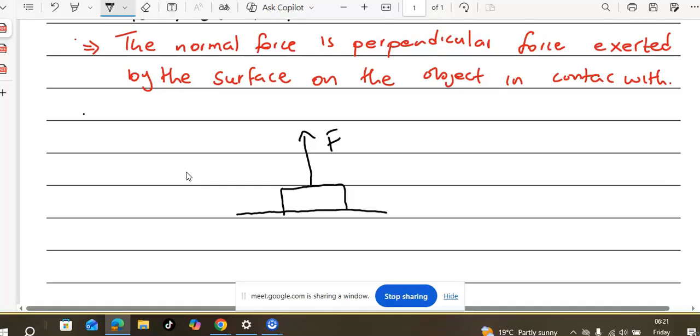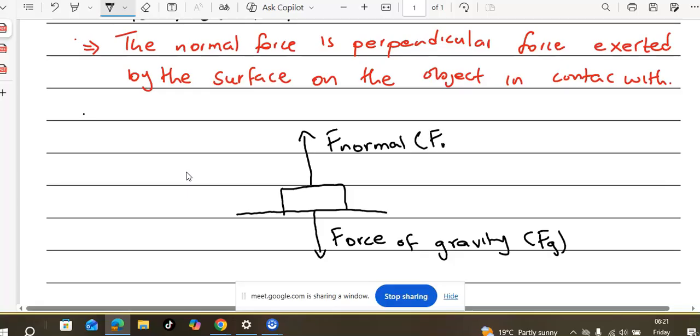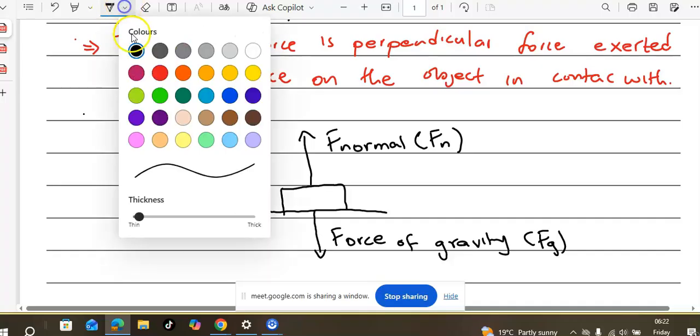So this is F normal, okay? Now we're going to have this guy going down, which is the force of gravity, which we're going to denote by Fg. The normal force, we're going to denote by Fn.